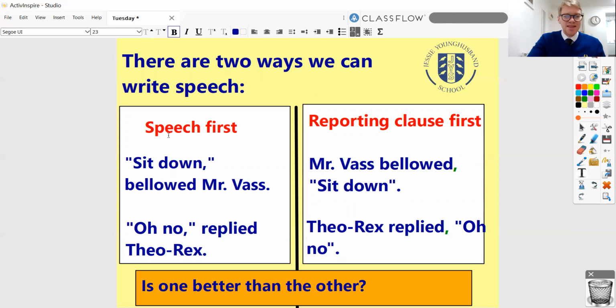Now, when we did it this way around, our reporting clause was sometimes separated by a question mark or an exclamation mark instead. That can't really happen when it's coming at the start, so it's going to be a comma. So Mr. Vass bellowed, comma, "sit down." Theorex replied, comma, "oh no." Now, if we needed it, we could still have our exclamation mark or our question marks inside the speech there, but they wouldn't come here. It wouldn't be like Theorex replied, "oh no."